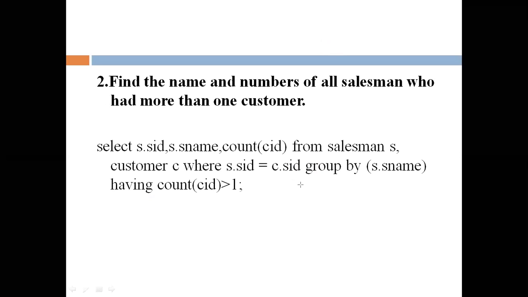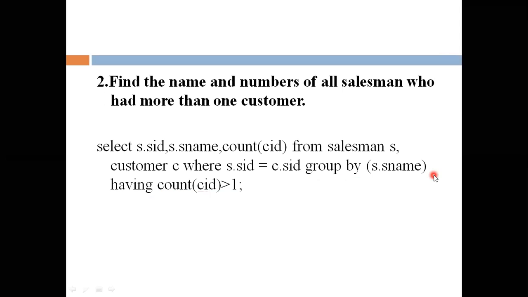And here I'm using one more operation called group by, having count CID greater than 1, who is having the count of customer ID greater than 1. Counting the number of customers can be done with the customer ID. So to know how many customers there are, I can count with customer ID.